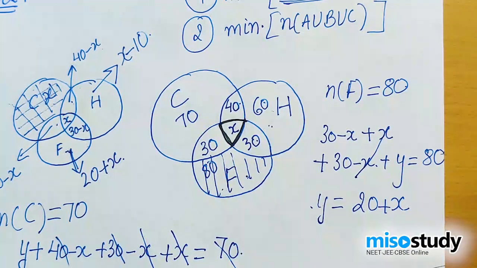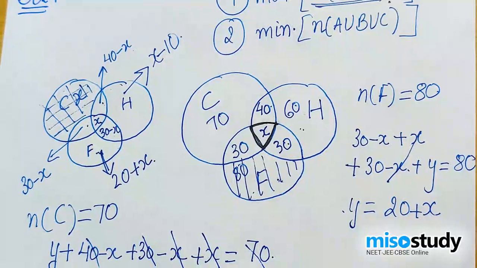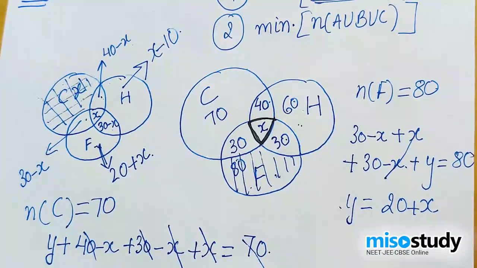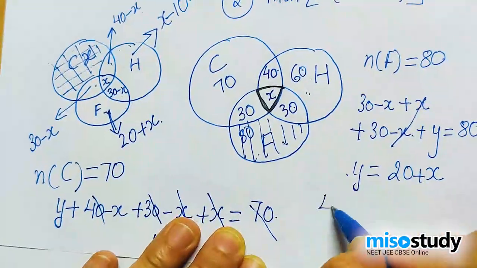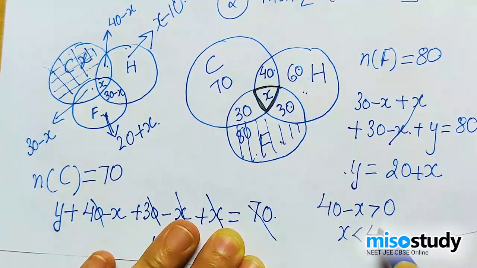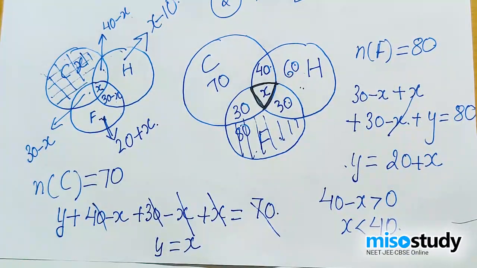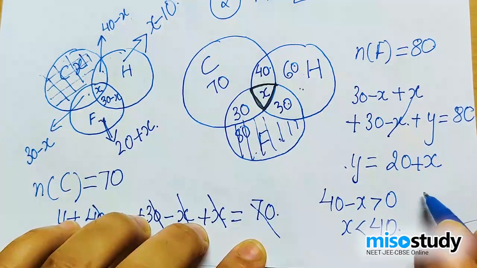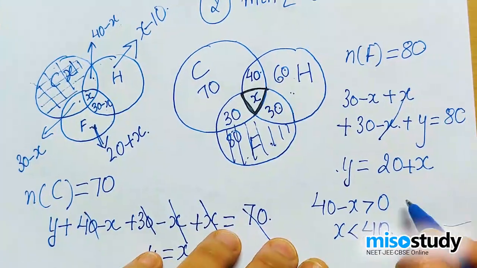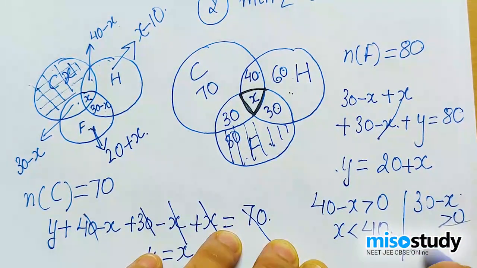Now since it is denoting the number of elements, all the things should be positive. So let us make them positive. How will we make them positive? I should have 40 minus X greater than 0, which gives me X less than 40. I should also have 30 minus X greater than 0, which gives me X less than 30.